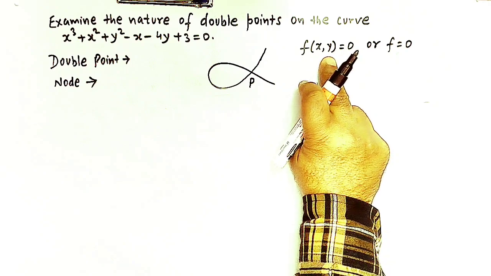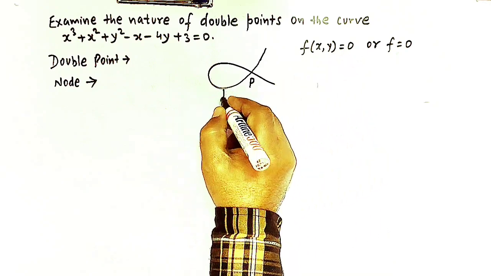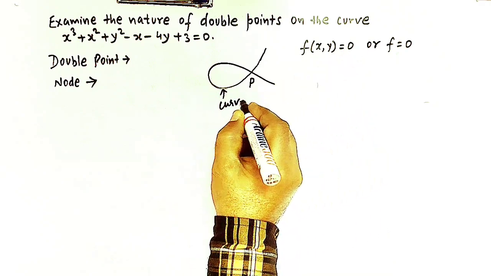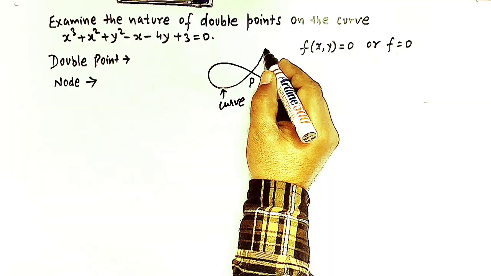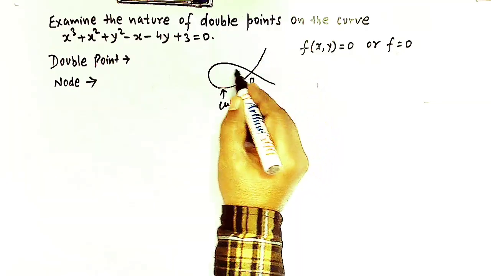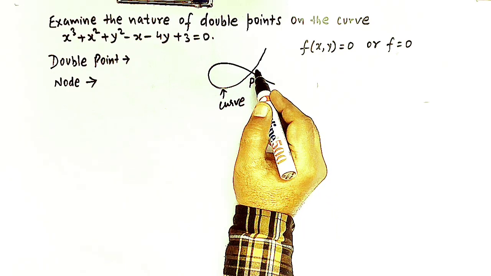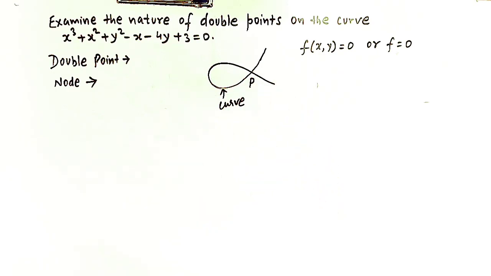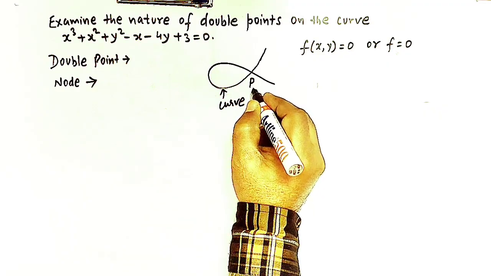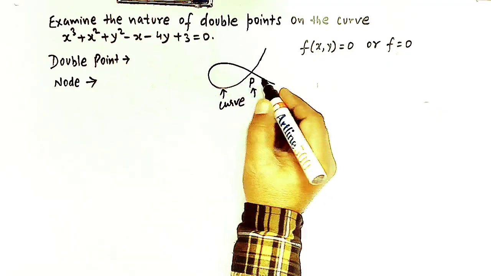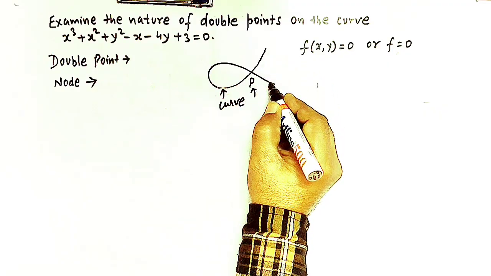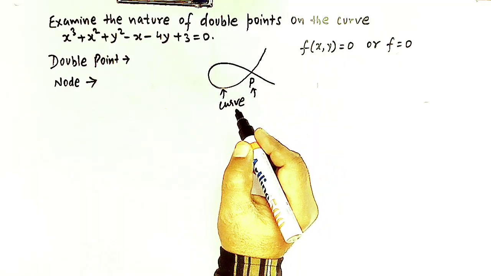So this is the equation of this curve, and here we have two branches. The first one is this and the second one is this. So a point on a curve through which two branches of the curve pass is called a double point. So here P is a double point because here two branches of the curve pass, right?